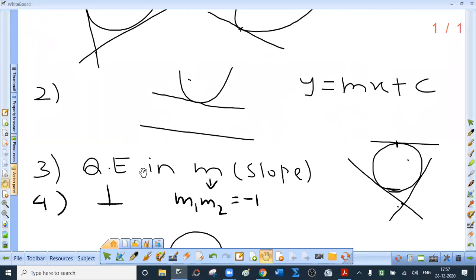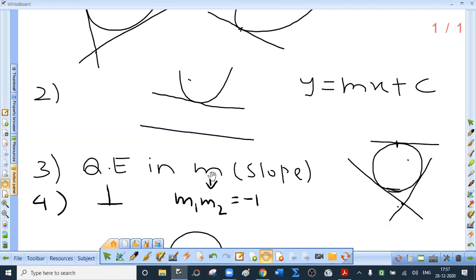In the third part, we show that in general, two tangents can be drawn to the curve from a point in the same plane. Now, why say in general? Actually, we will get a quadratic equation in m, where m is the slope of the tangent. So all depends on the nature of the roots.